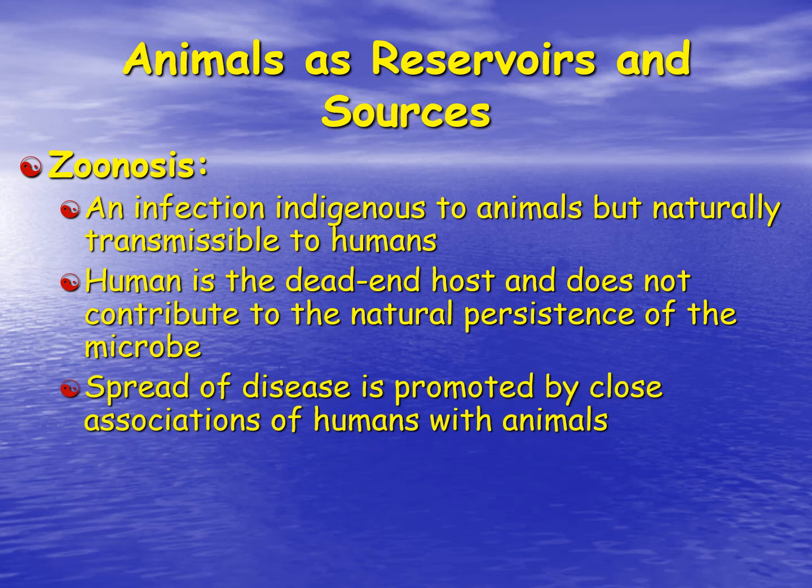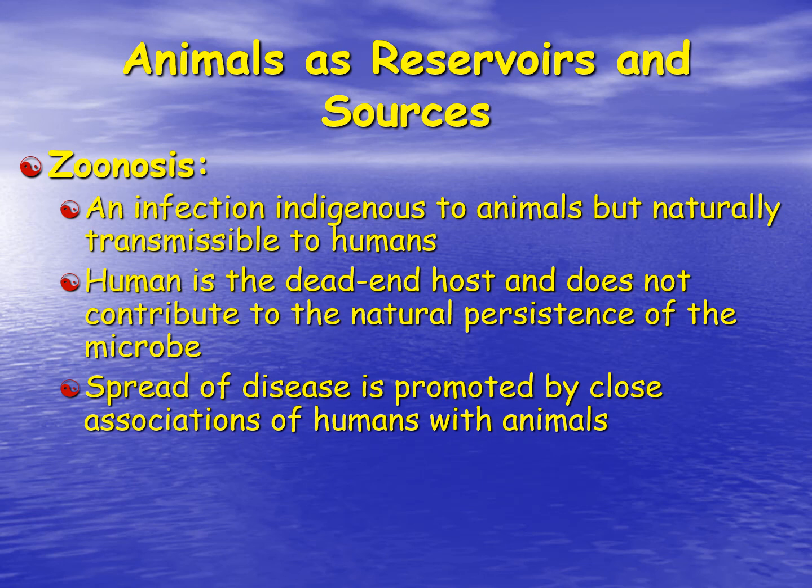So spread of these zoonotic diseases is promoted by close association of humans with animals. And we probably have some of the closest association with animals than we've ever had in human history before. I mean, how many of us sleep with a dog and or cat or multiples thereof? How many of us are close to cattle or horses, sheep, goats, chickens, whatever?